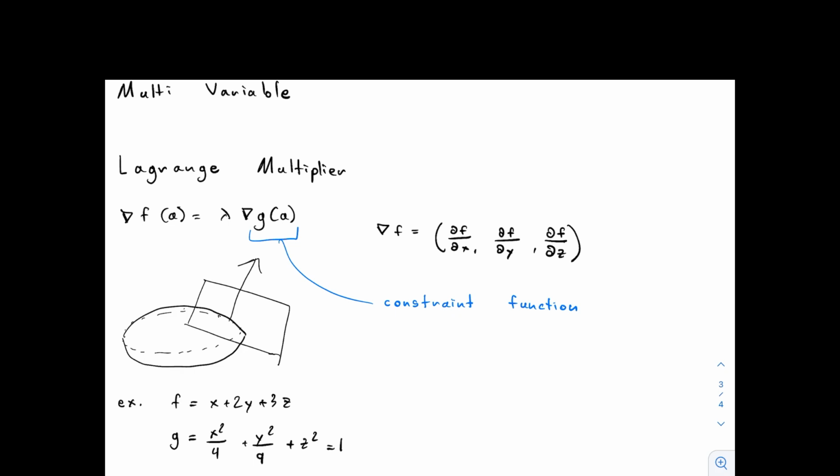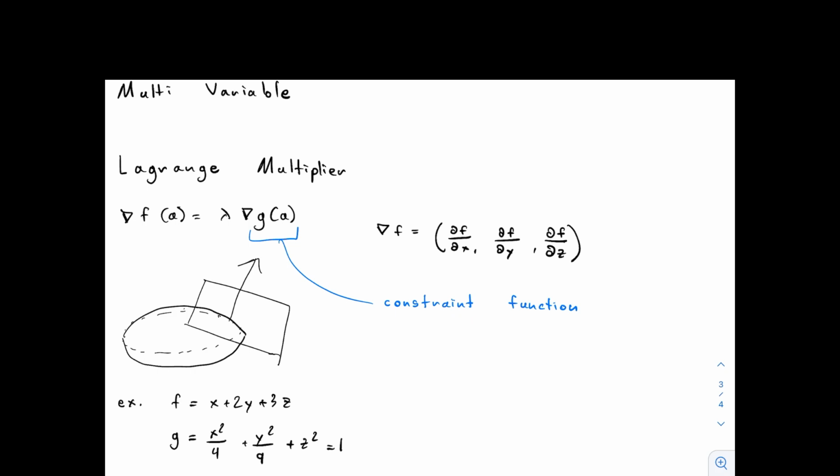I'm not going to get too far into the theory of Lagrange multipliers, but pretty much the idea is that any maximum or minimum is going to be on the surface of whatever constraint function, and at that location on your constraint function, whatever value that maximizes or minimizes your function f is going to be tangent to your surface.